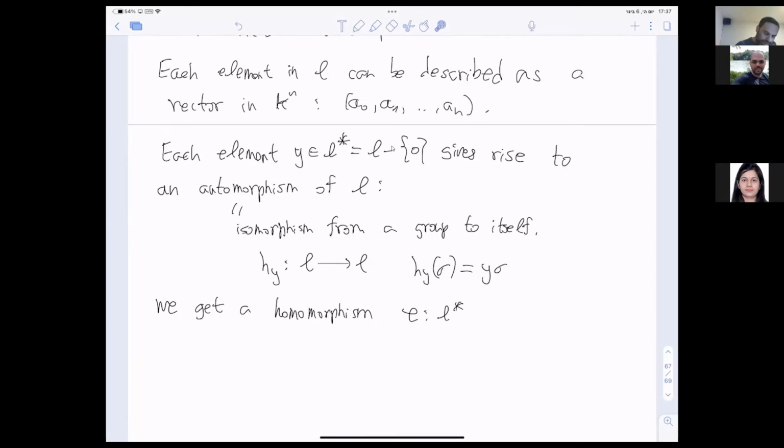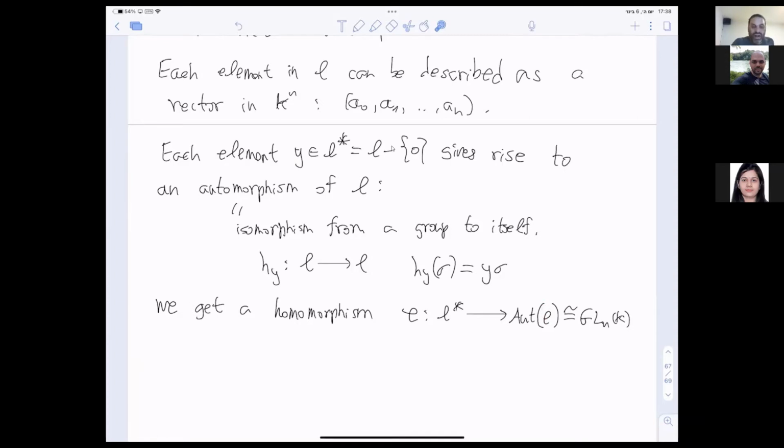Remember that any element here gives rise to an automorphism, into GL_n, which is isomorphic to GL_n over K, because any element here can be described as a vector in K^n.